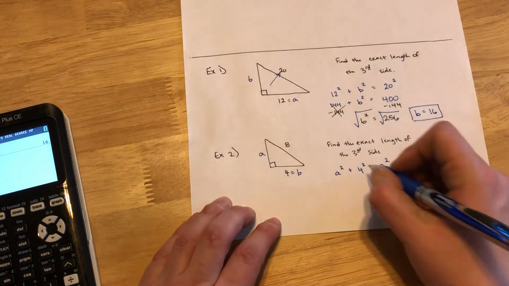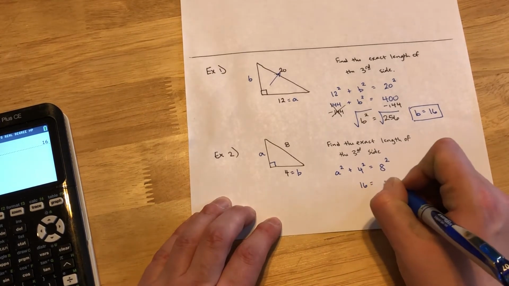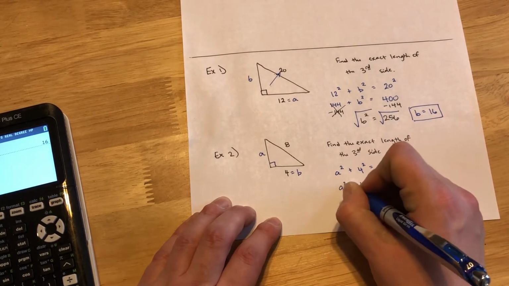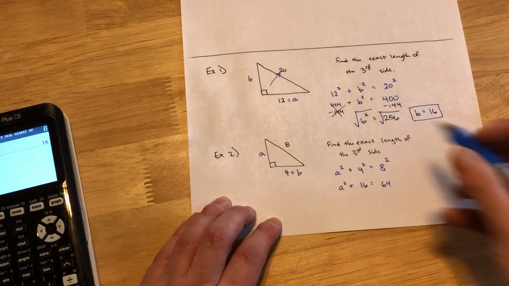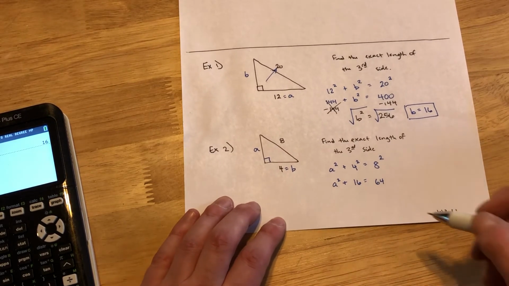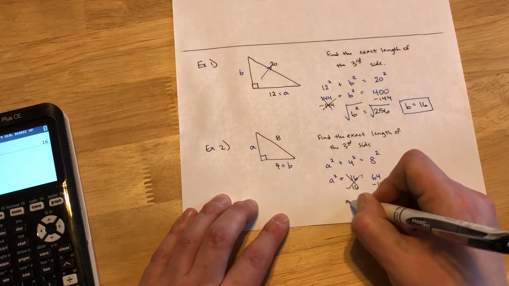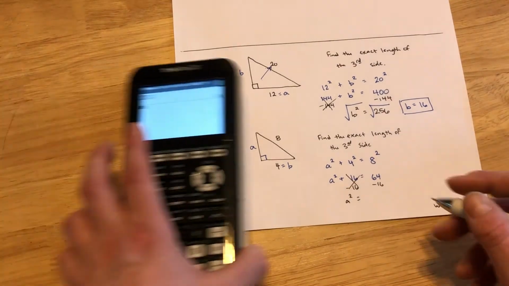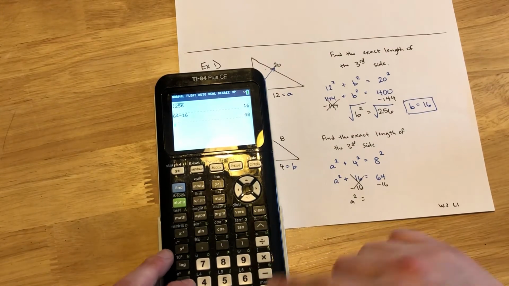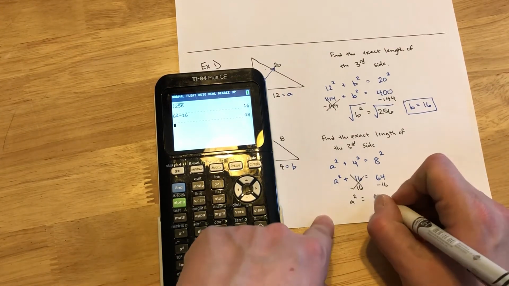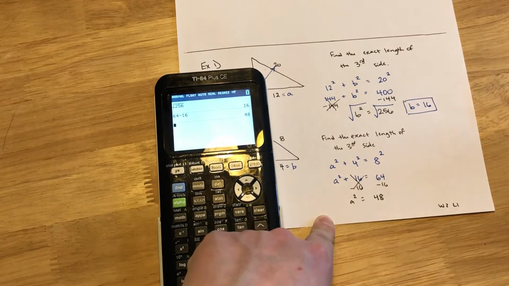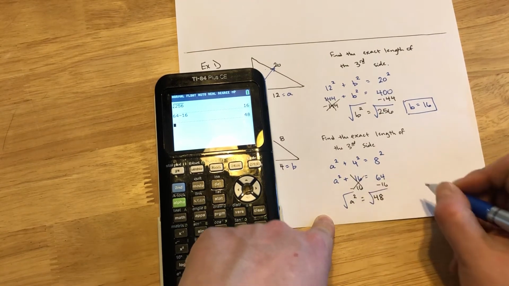So we do a little evaluating. 4 squared is 16, 8 squared is 64. And just like before, since we're finding the leg length, we do need to start subtracting across the equal sign. So here's what we know. A squared equals 64 minus 16. So that is 48. And then our final step would be to apply that square root.